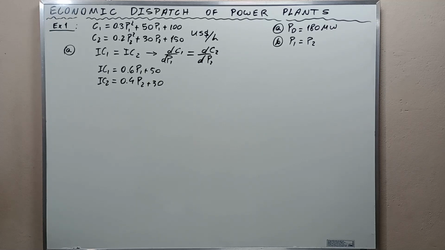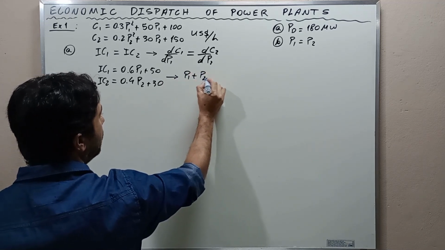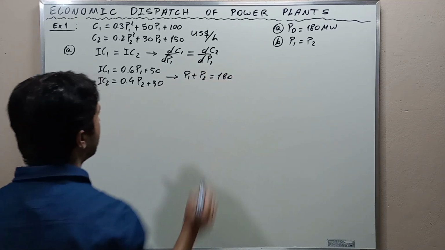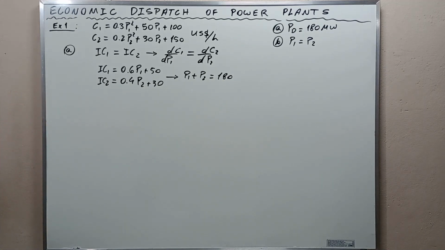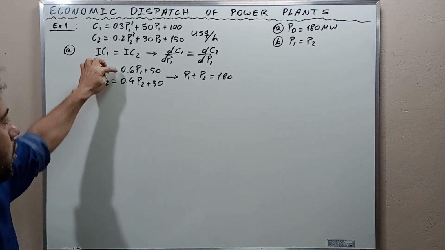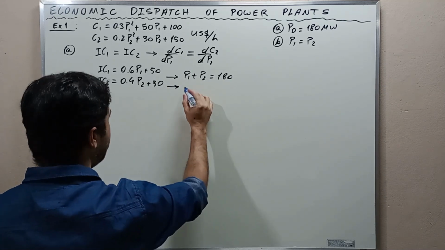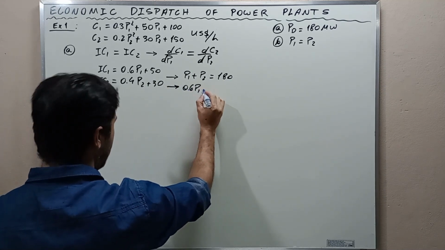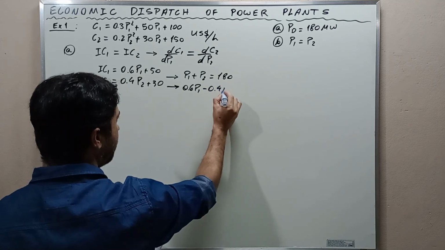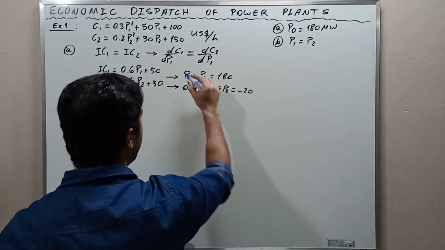But we already know, and the exercise says that this is the condition of letter A, that the load is 180 megawatts. Additionally, we know that P1 plus P2 is equal to 180. We are going to solve this system of equations. Combining these two here, we find that 0.6 P1 minus 0.4 P2 equals negative 20.